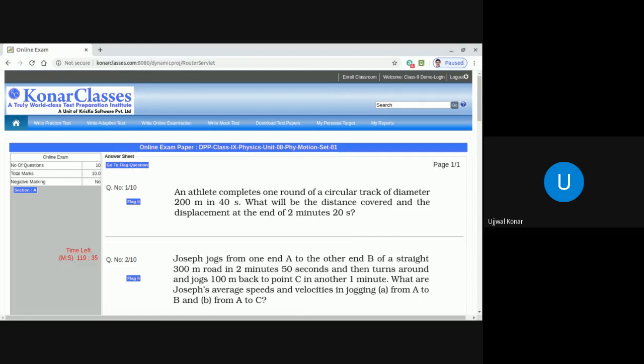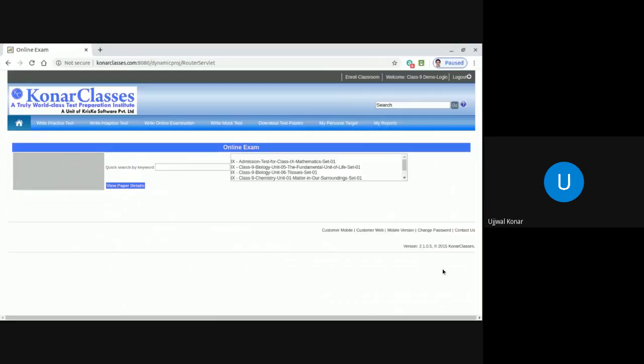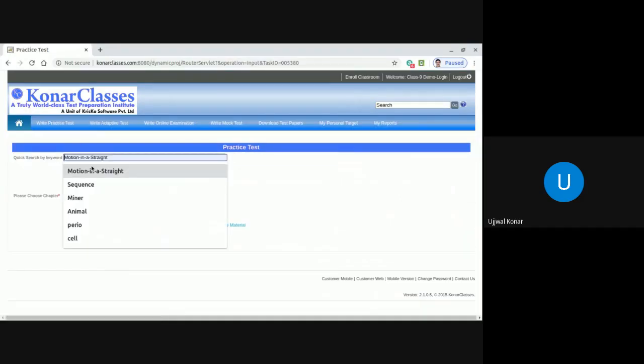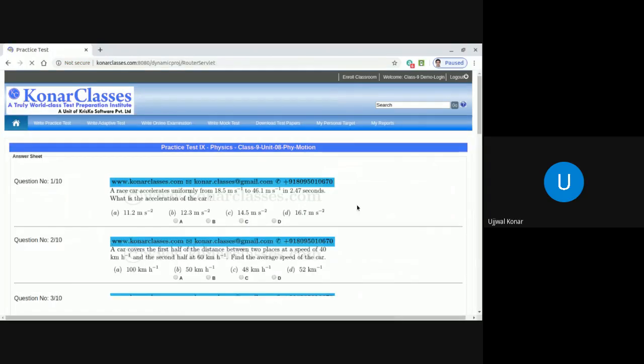And this knowledge is very important, dear students, extremely important. Once it is done, you know how to upload the answer paper and submit the paper, that you all are aware of. So I'm just cancelling the paper. Once all these DPPs of motion are done, then you come to the practice test and give motion here. Then start the practice test, and you start getting these questions.